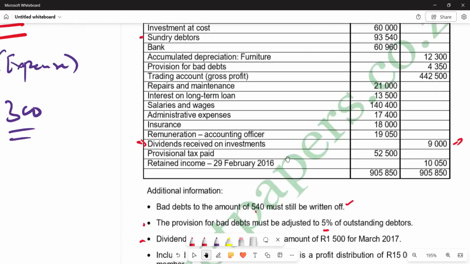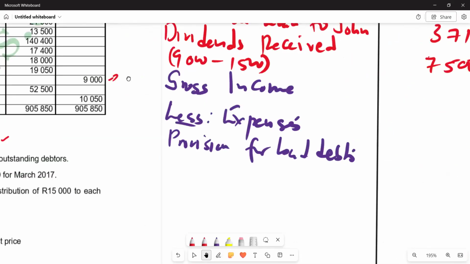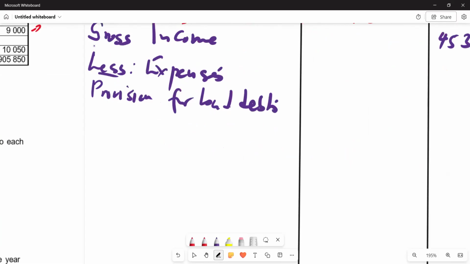So that's the calculation that we are just going to summarize there. And then we get your 300, which is supposed to come in this column.